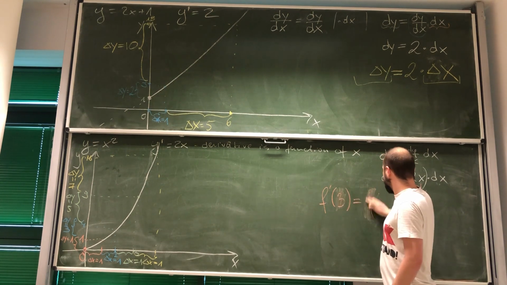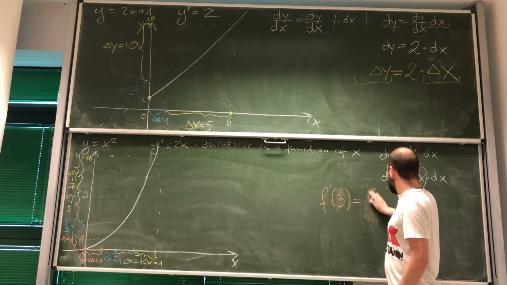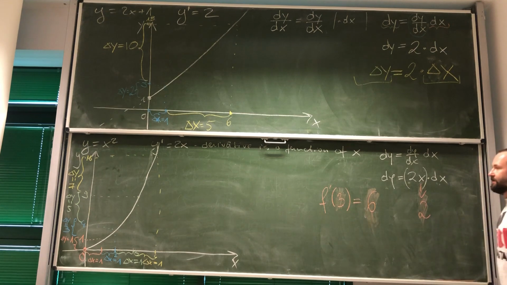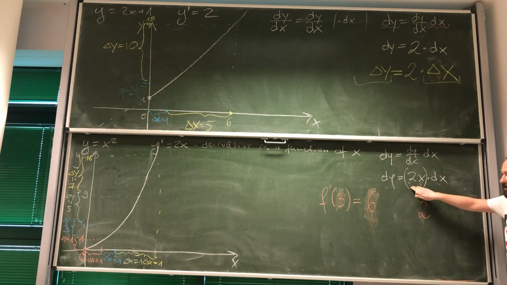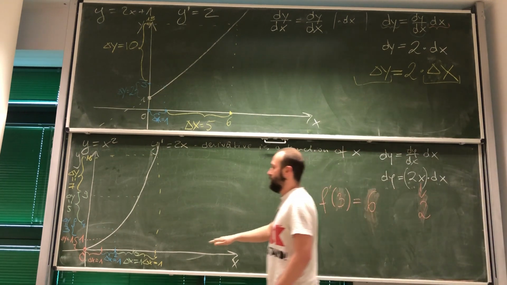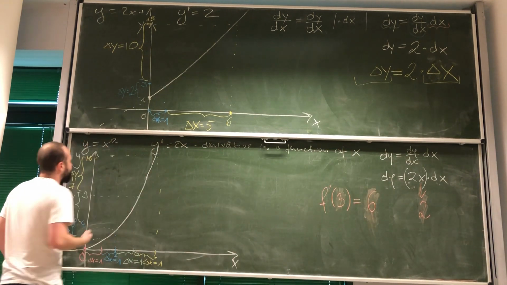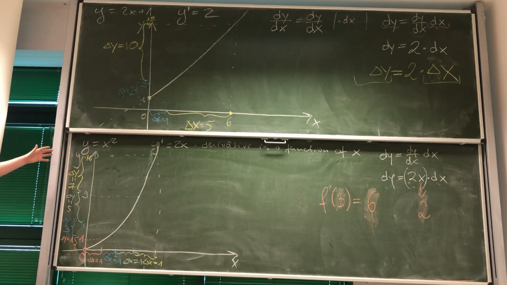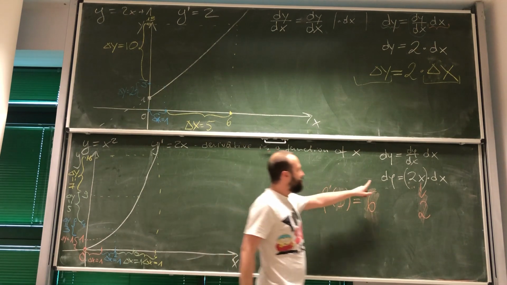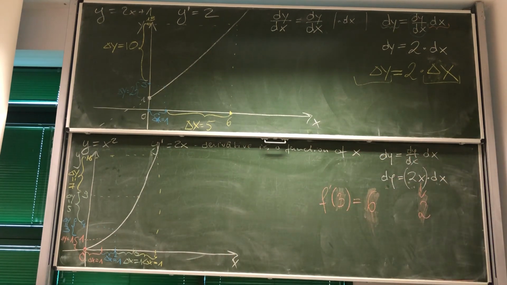If it's 3, it's 6. So what we see over here is that the bigger the value of x, the bigger the value of the derivative. And consequently, the change in y is going to be bigger.